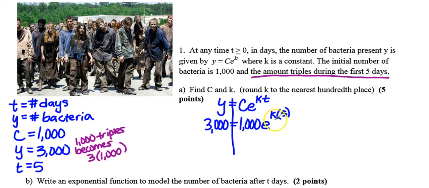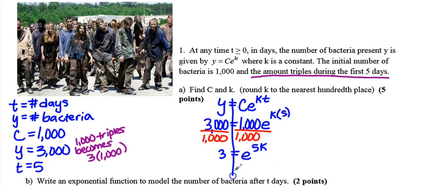So we're eventually working on solving for k. What are we going to do first? Well, before we can do anything with taking the log or natural log when we have an exponential, we need to isolate that exponential term first. So in this case, we'll be dividing both sides by 1,000. We'll get 3 equals e to the 5k.